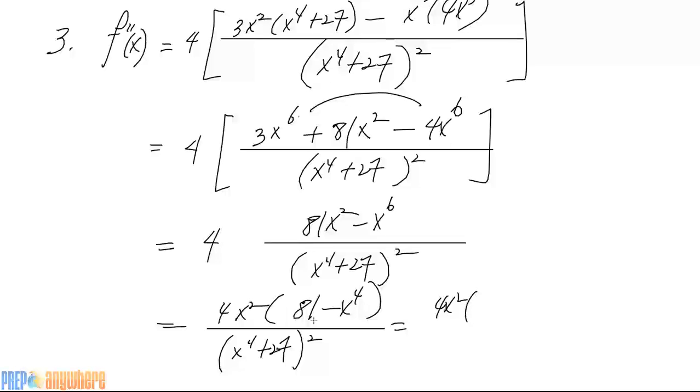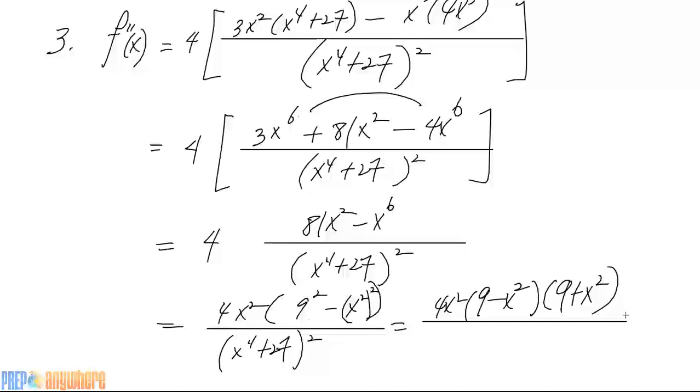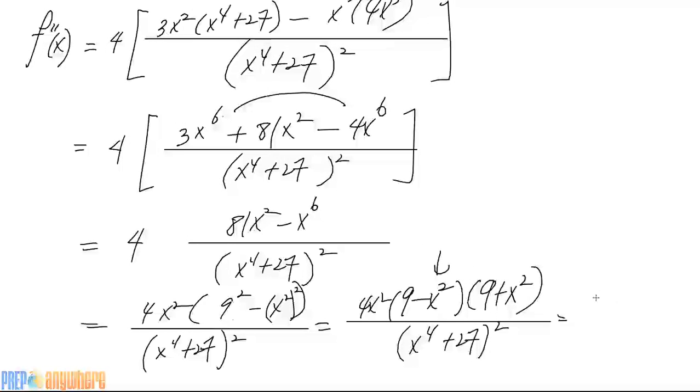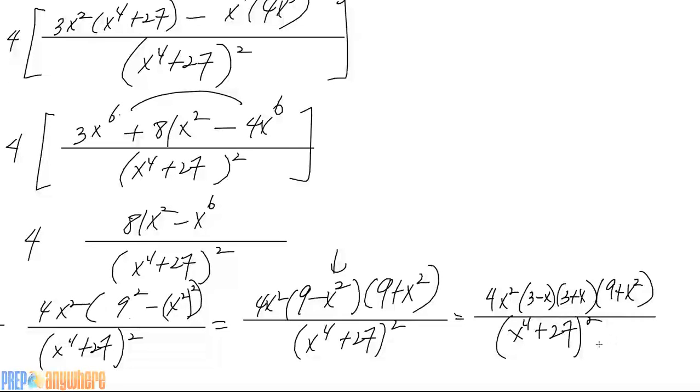Okay, here, do you see this is the difference of squares? 81 is 9 squared. This is x squared squared. So it's 9 minus x squared and 9 plus x squared. The 9 minus x squared can be factored one more time.